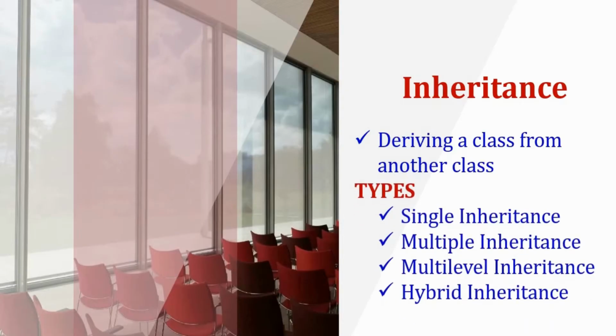So there are four types of inheritance: single inheritance, multiple inheritance, multi-level inheritance, and hybrid inheritance. Before learning about the types of inheritance, I will let you know the basic terminologies used in inheritance, right? The first thing is base class, or existing class, or parent class. All these three names refer to the class using which we have created another class, right?